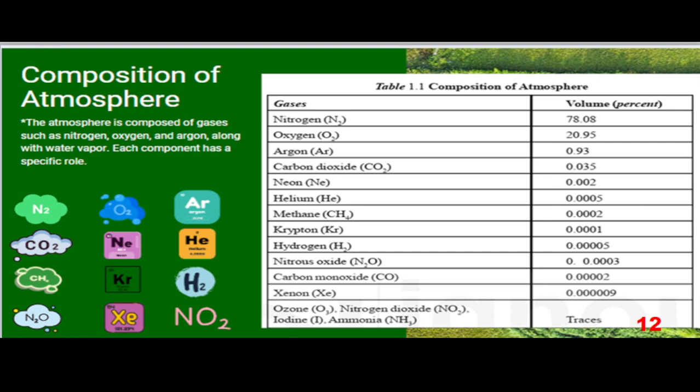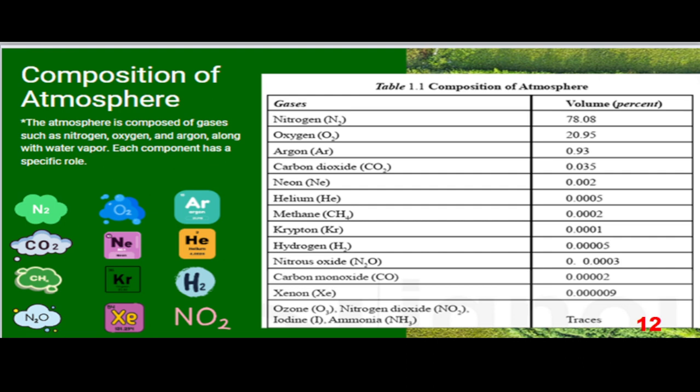Nitrogen consists of 78.08%, oxygen 20.95%, argon 0.93%, carbon dioxide 0.035%, but now it has increased to 0.038%.